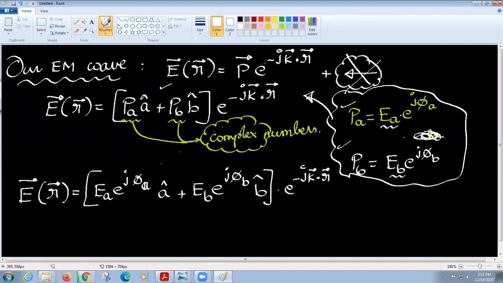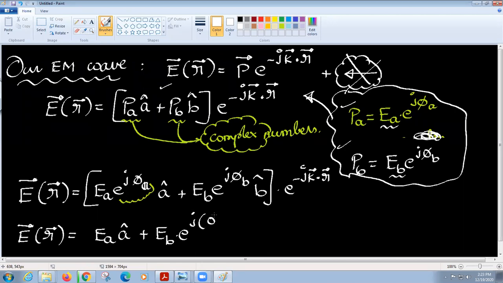Now from this, what we do, we will try to take this common. So therefore, E of R is EA along direction A. So I have EB, and you have now e power j phi b minus phi a, and this is B roof.